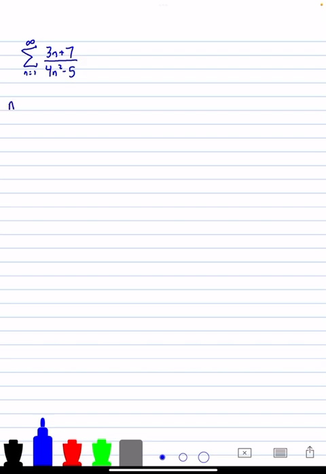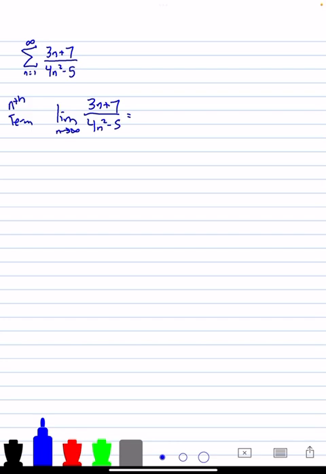So with the nth term test, we will set this up. The limit as n approaches infinity of 3n plus 7 over 4n squared minus 5. Now, remember, we have to go back to our old rules where we divide through by n squared.